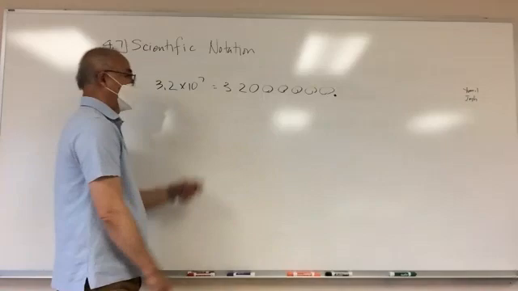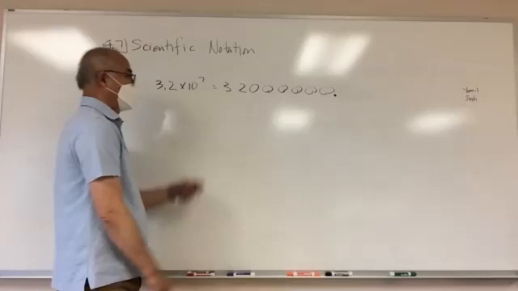We go 1, 2, 3, 4, 5. So it's going to look like this, right? 1, 2, 3, 4, 5 zeros. Remember we said that it will be the same number of zeros as the exponent right there. Okay.